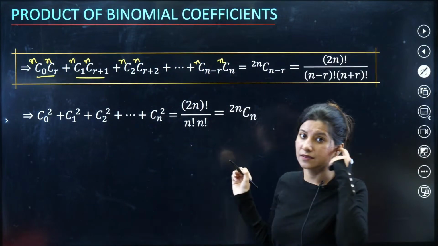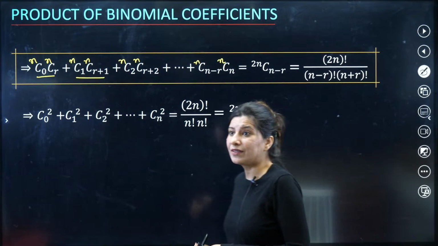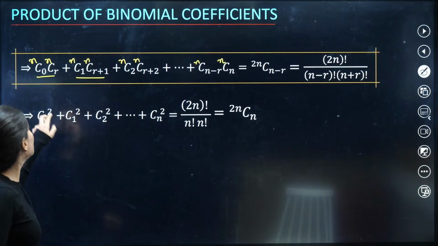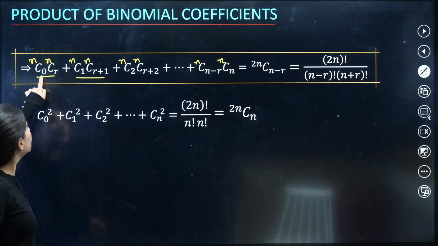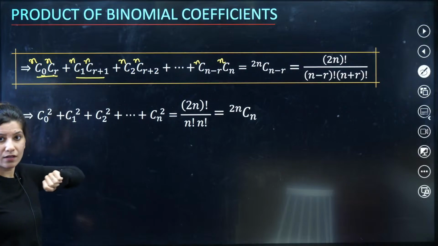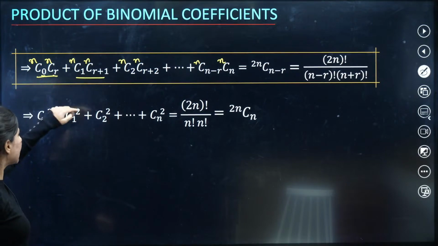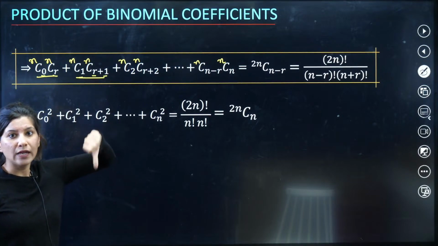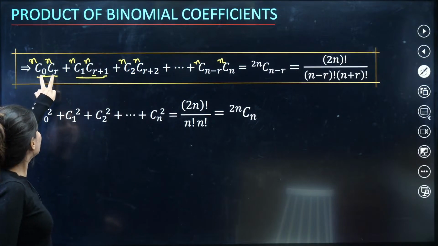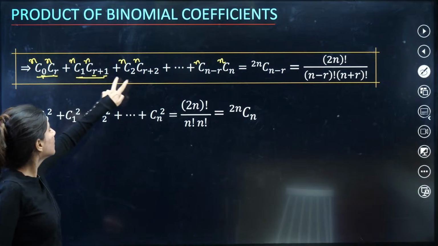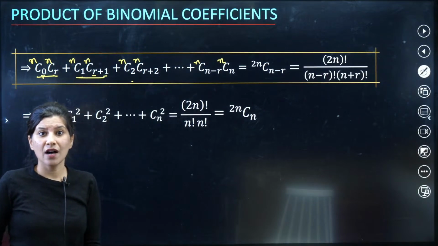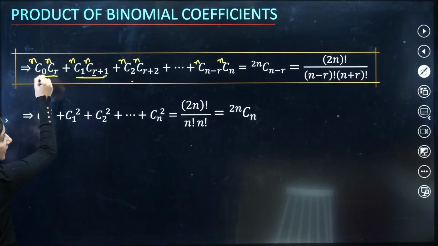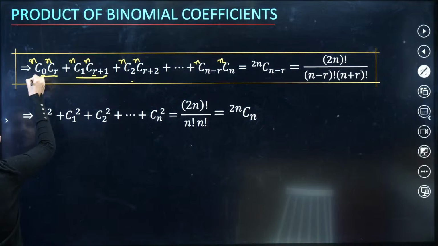The moment you see a product, the very first thing you should do is add these two indexes: 0 plus R is R; second, 1 plus R plus 1, that means R plus 2. What we want is that the sum of these two indexes should be constant in every term. For that I need to change either this one or this one.